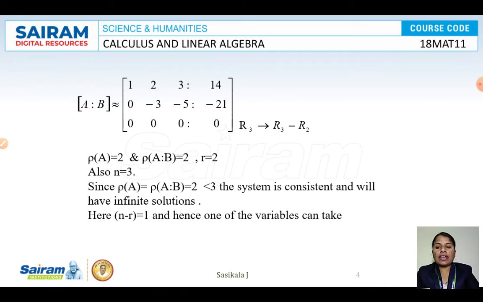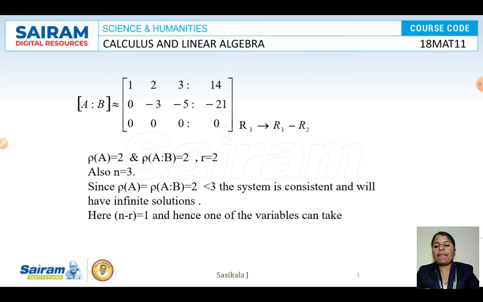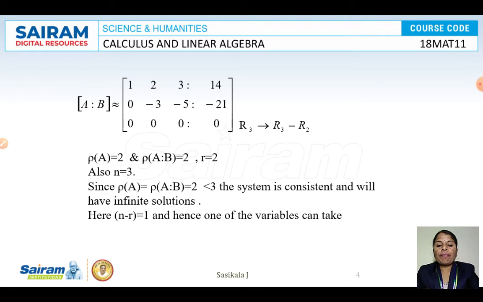For the next step to find the rank, I need to convert the matrix into echelon form. For that reason, I convert the third row second element to 0. The augmented matrix AB has the first row the same: 1, 2, 3, 14. The second row also remains the same: 0, minus 3, minus 5, minus 21.